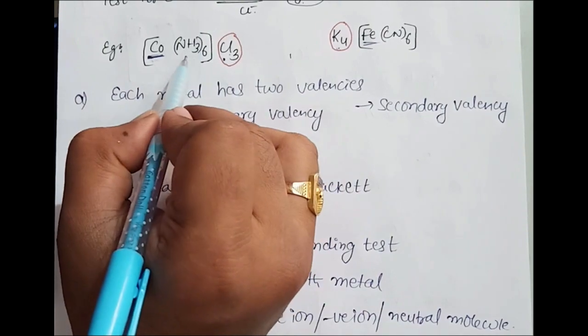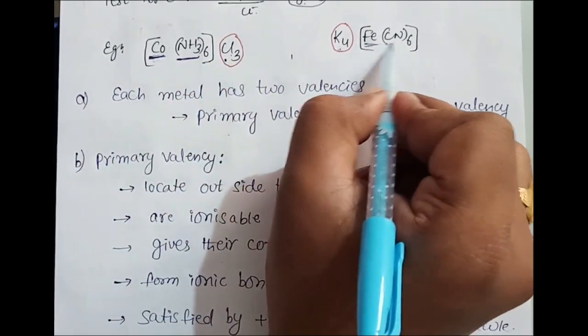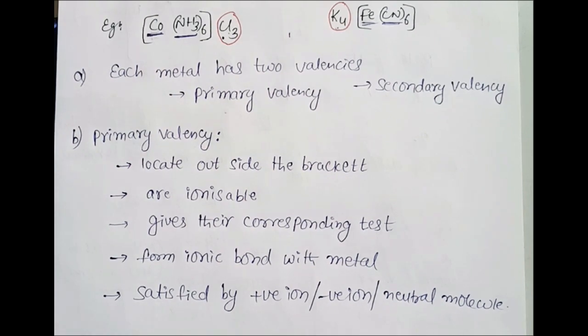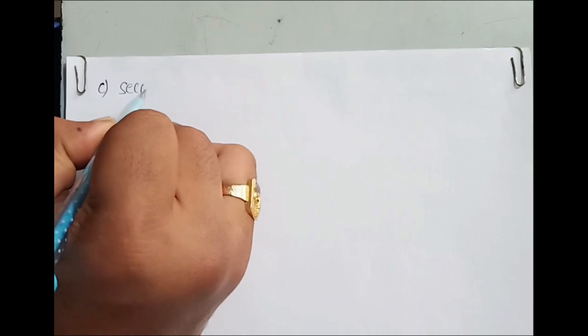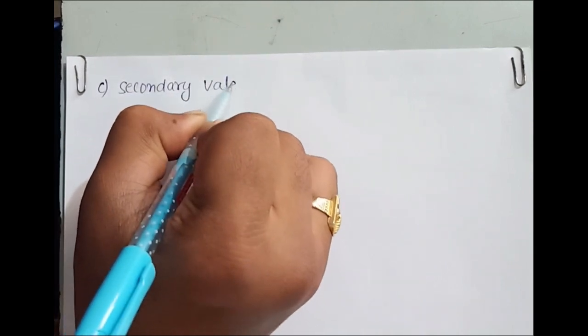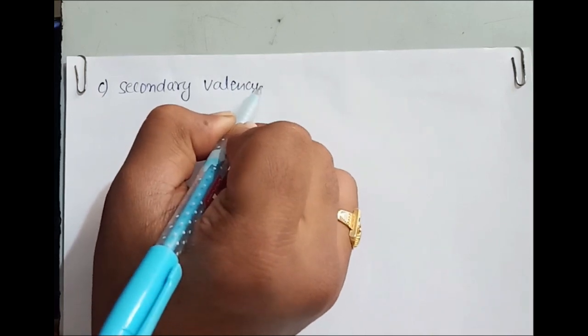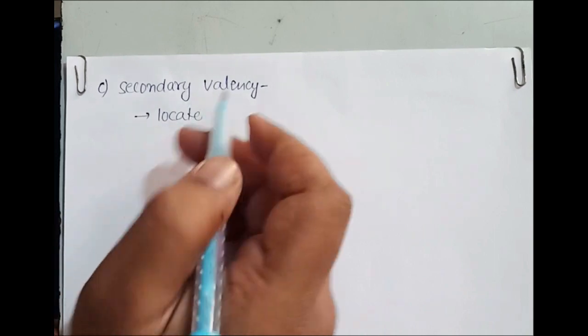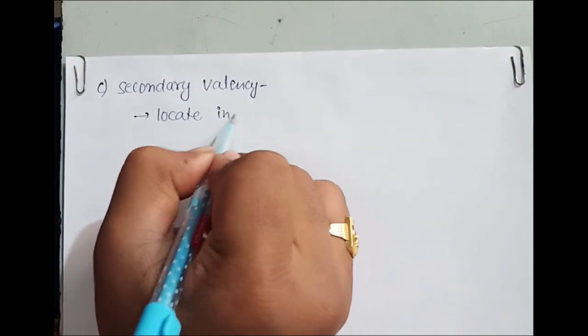Now whatever is present inside the bracket, that is called secondary valency. Let us talk about that secondary valency now. Where do they present? Secondary valencies locate inside the bracket.